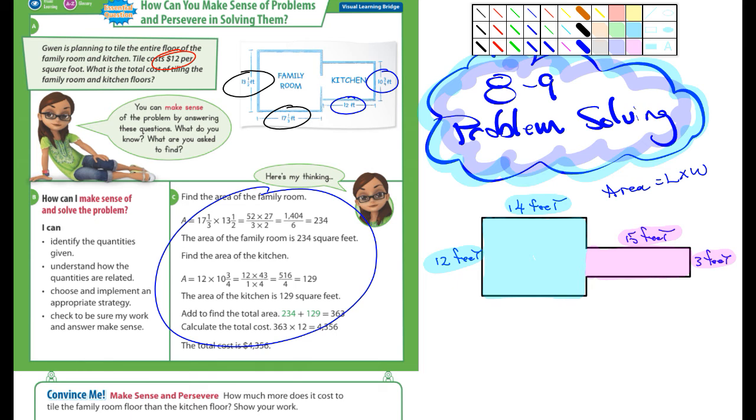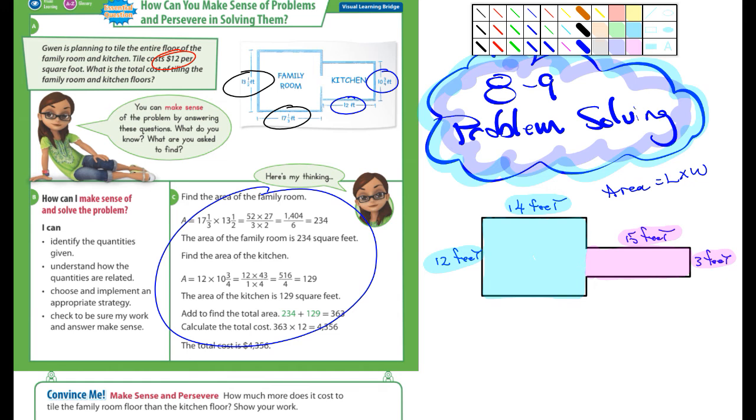If we needed the area of this blue room, it's going to be 14 times 12. And the area of this pink room is simply 15 times 3. If we needed the area of this whole figure, you would just add the two together. And that's essentially what they explain in this example.